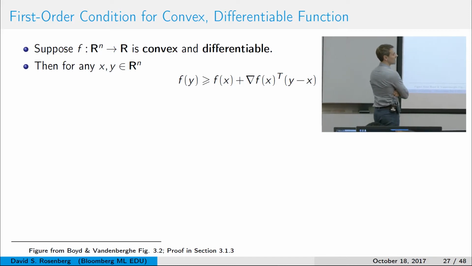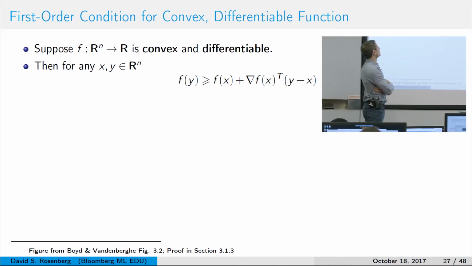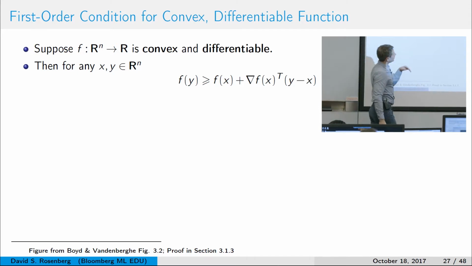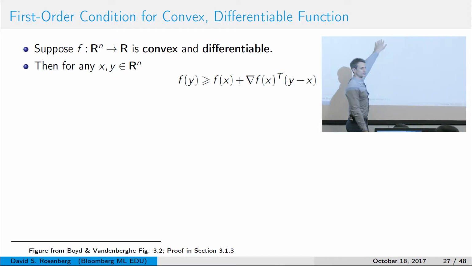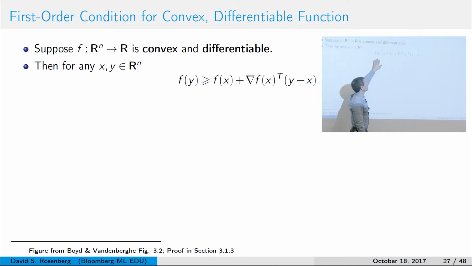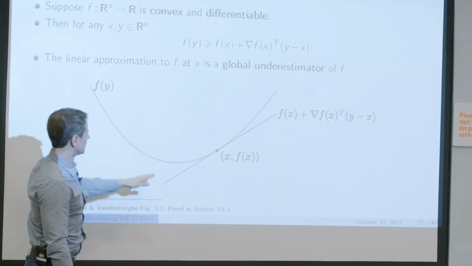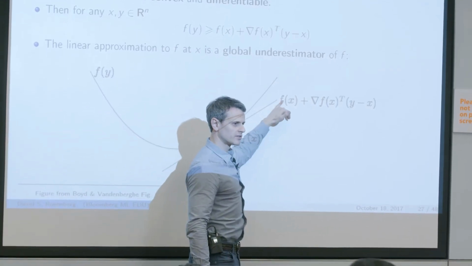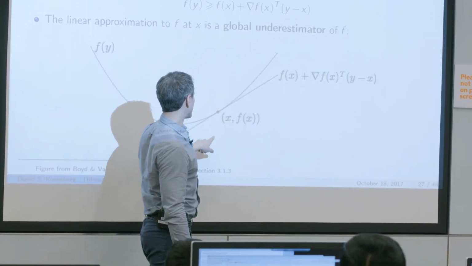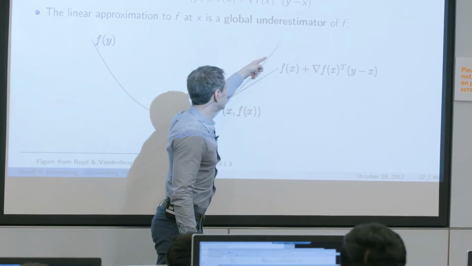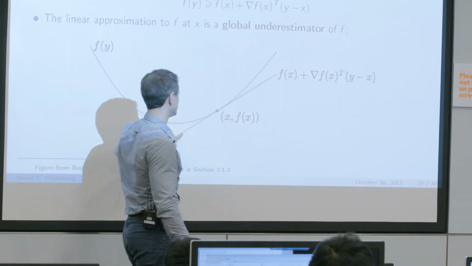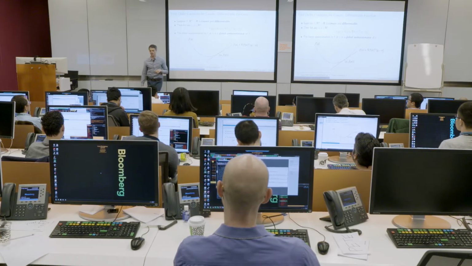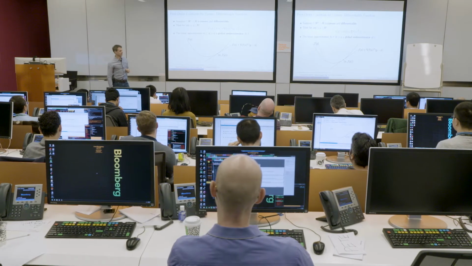But if f is convex also and differentiable, then this linear approximation is not just a linear approximation, it's also a lower bound. Right? So when we drew this tangent line, this linear approximation to f, it's not a coincidence that the line is always below or equal to the graph of the function. Right?